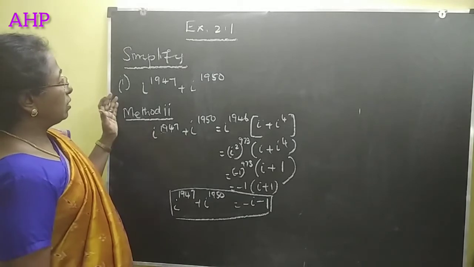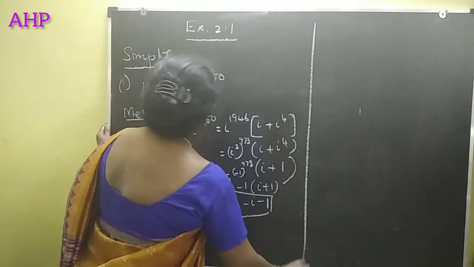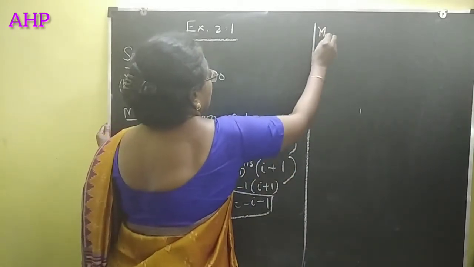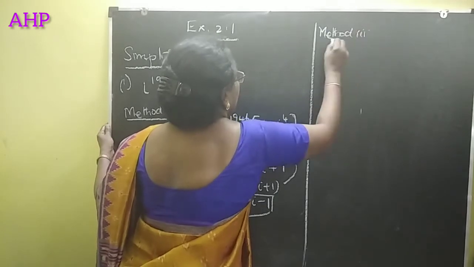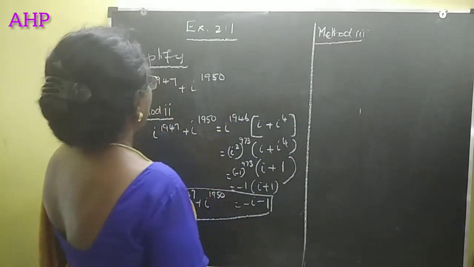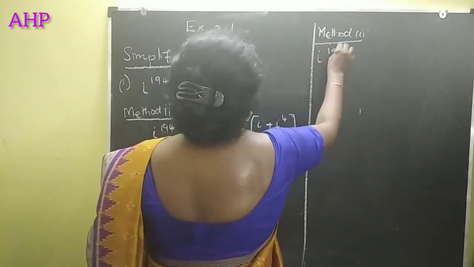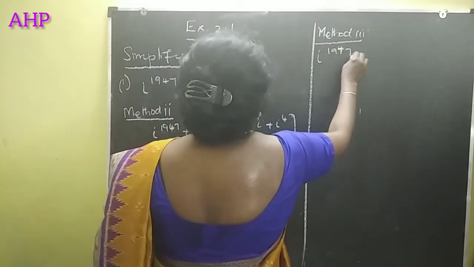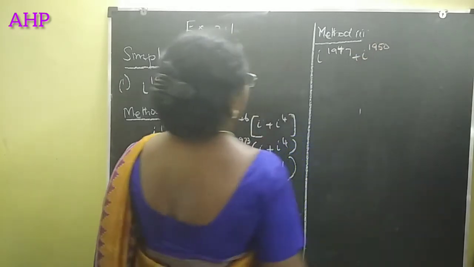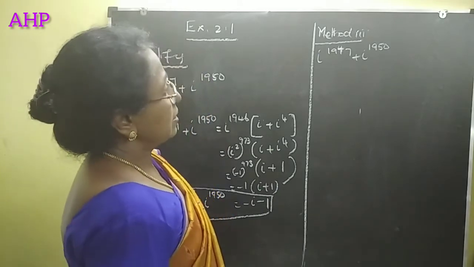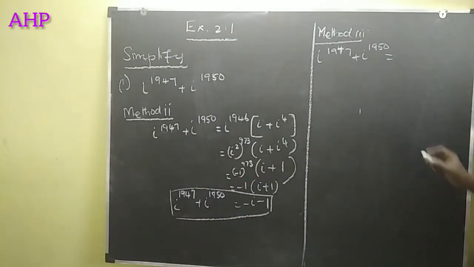The same question can also be done in another method, that is method 3. Now, i^1947 plus i^1950.